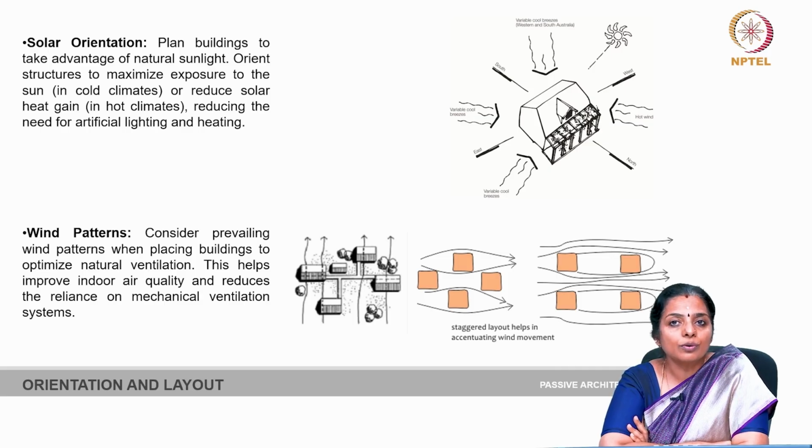We should also reduce the reliance on mechanical ventilation systems. Therefore, with wind patterns, we must consider prevailing wind patterns when placing buildings to optimize natural ventilation. This helps improve indoor air quality and reduces the reliance on mechanical ventilation systems.